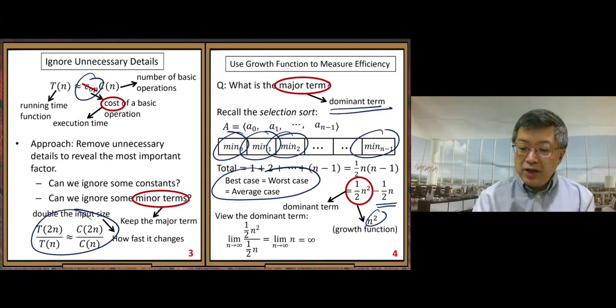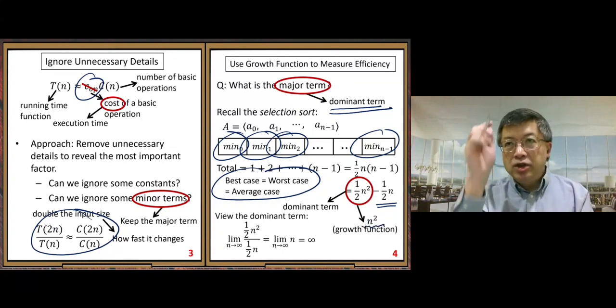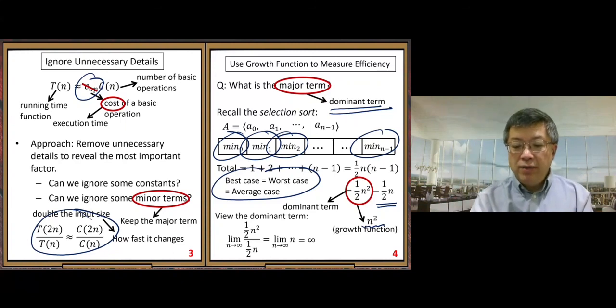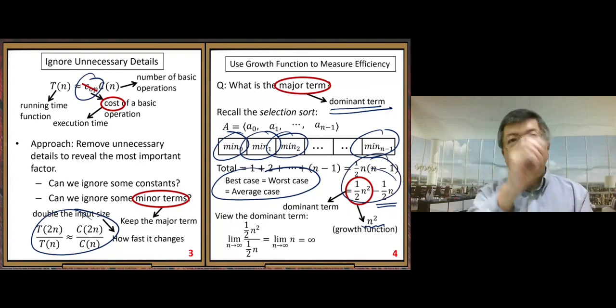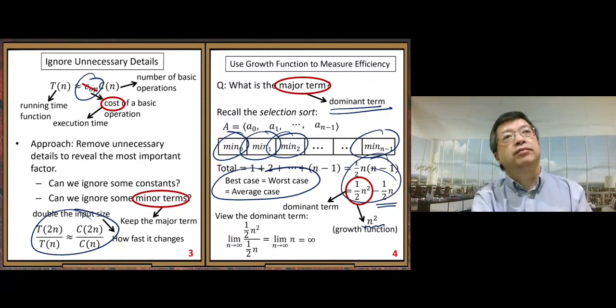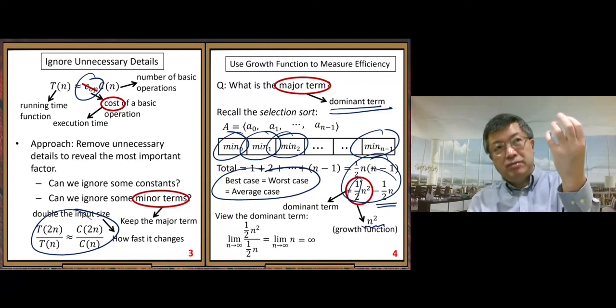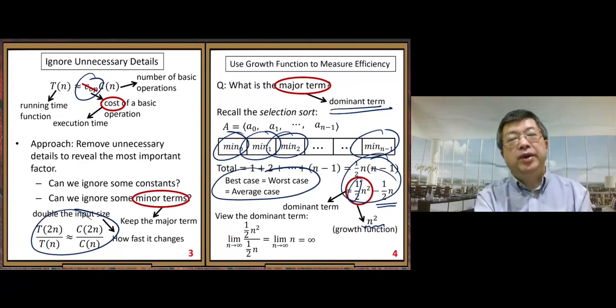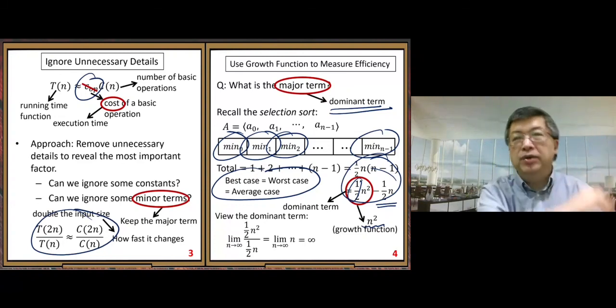Here, this n squared function is the simplest possible function we can use to describe it. The constant has some small impact, but not that important.